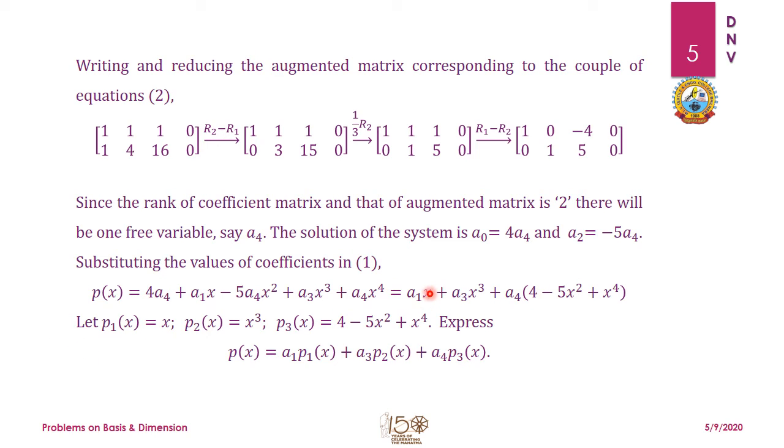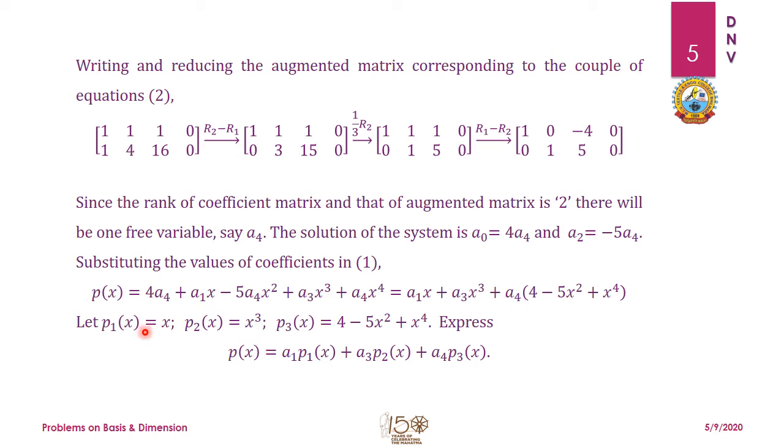So if we denote the first component by p1(x), second by p2(x) and third by p3(x), we can express p(x) as a linear combination with a1, a3 and a4. Now if we look at these three, none of them can be represented in terms of another one. So x cannot be represented in terms of x cube and this expression.